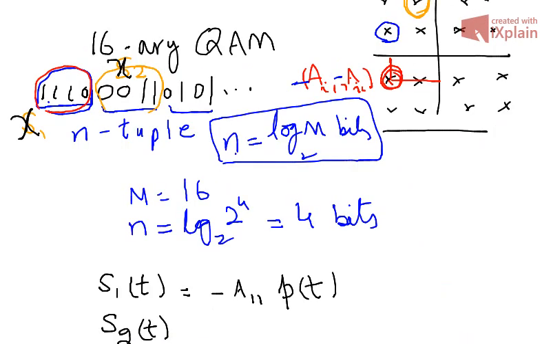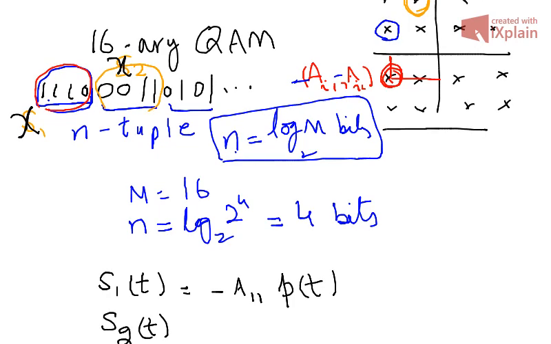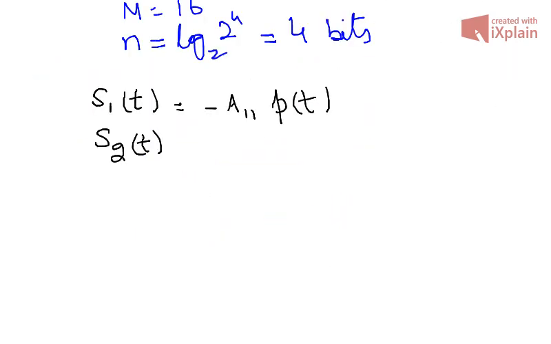Suppose we have two symbols. We have data 1110 and 0011, and we transmit X1 and X2 for this. Now for the first symbol, X1, if we want to transmit X1 of t, we have S1 and S2, and S1 is this one.